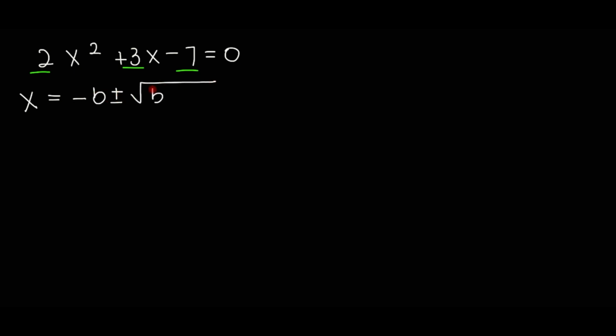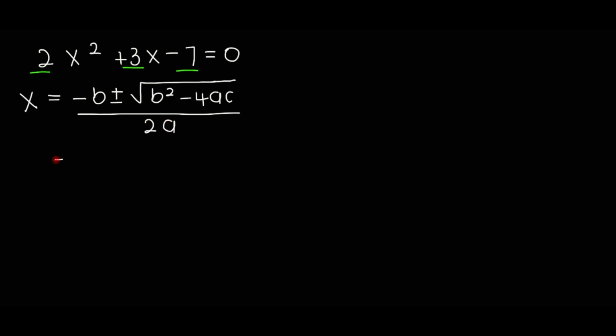Let's say we have 2x squared plus 3x minus 7 equal to 0. Our a for this case is 2, b is 3, and c is minus 7. So x equals minus b plus or minus the square root of b squared minus 4ac, divided by 2a.